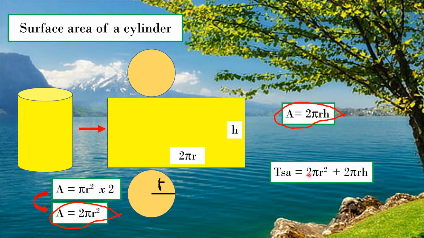As you can see, we have 2 and 2 there, so we're going to take out 2 as well as pi. Pi and pi. We also have radius here. We take out 1 r, and this one we take out r. So it goes like this. There. 2 pi r times r plus height.